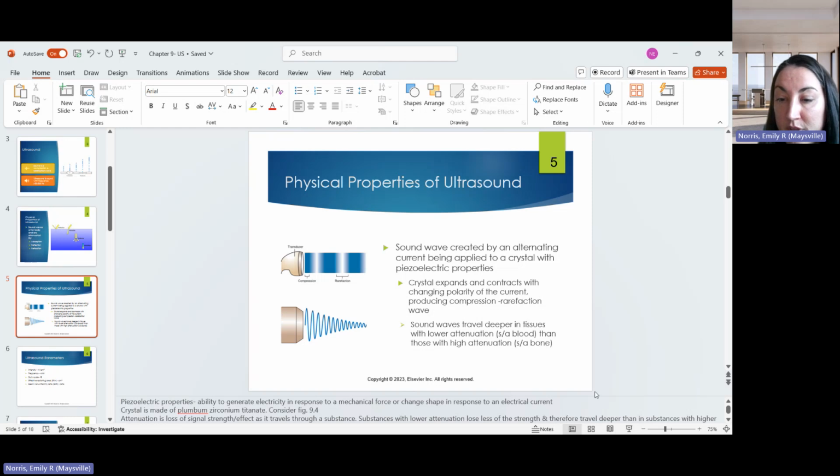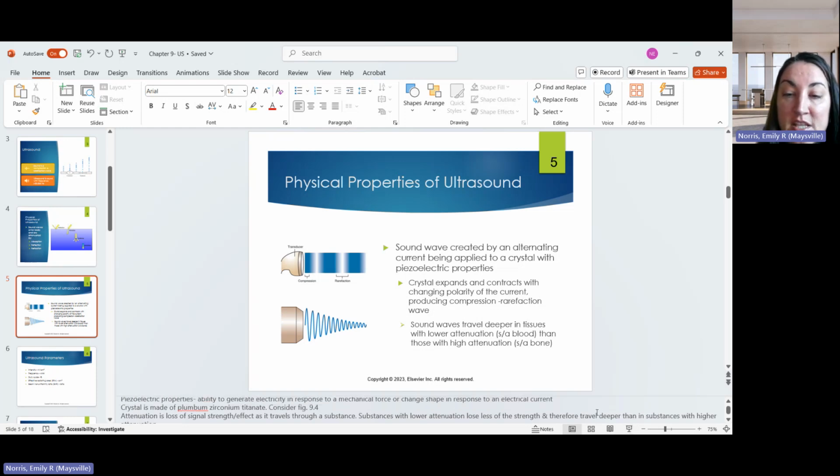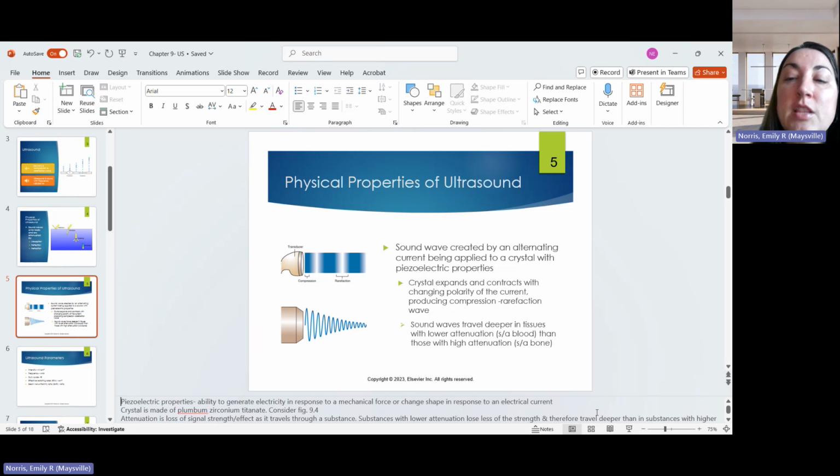Substances with lower attenuation lose less of their strength, and those with higher attenuation lose more as they travel through. Something like blood allows the sound waves to travel and does not lose the strength, versus bone, where a lot of reflection happens at that interface.